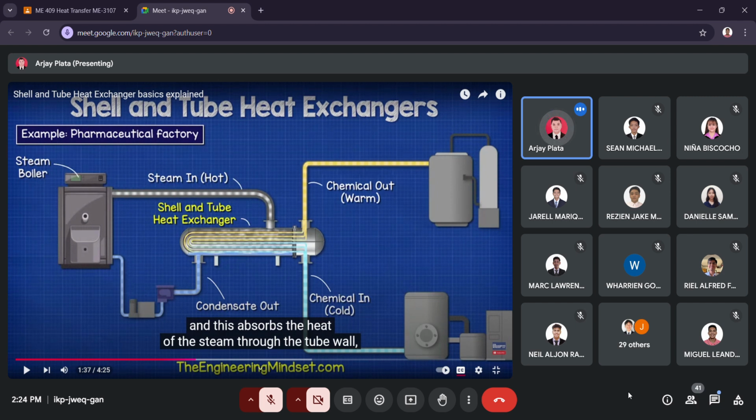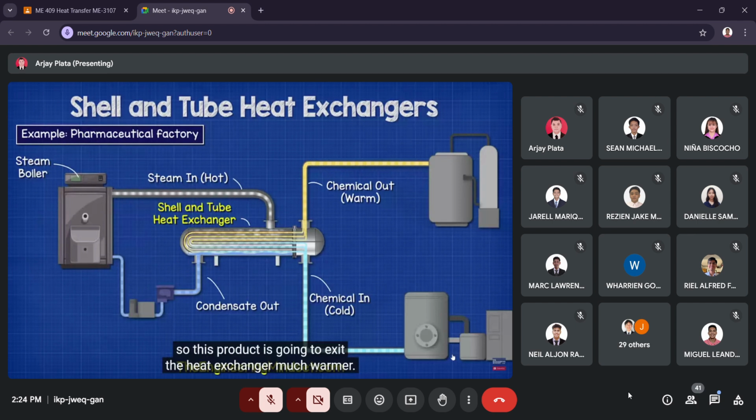So there's no direct mixing of the fluids because of the tube walls. This product is going to exit the heat exchanger much warmer. Meanwhile, the steam will start to condense into a liquid and flow back to the boiler to pick up more heat and repeat the cycle.